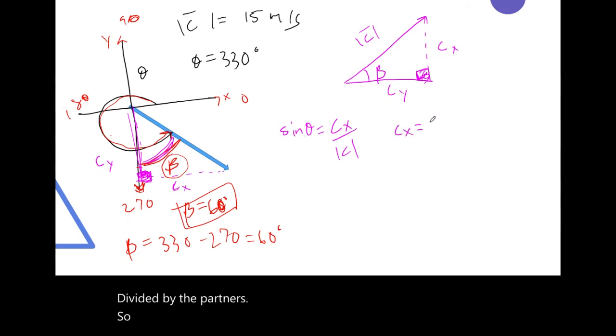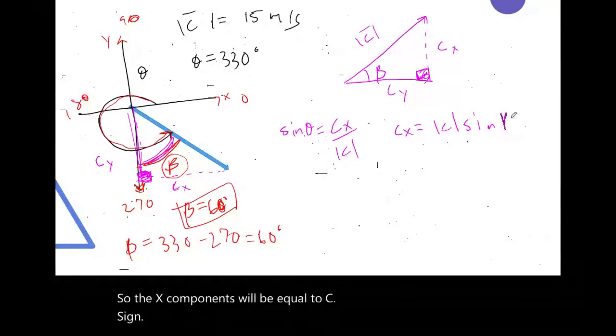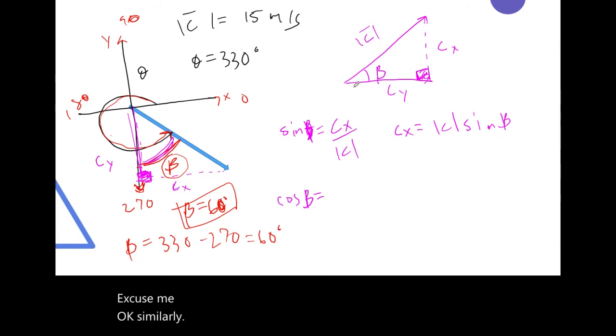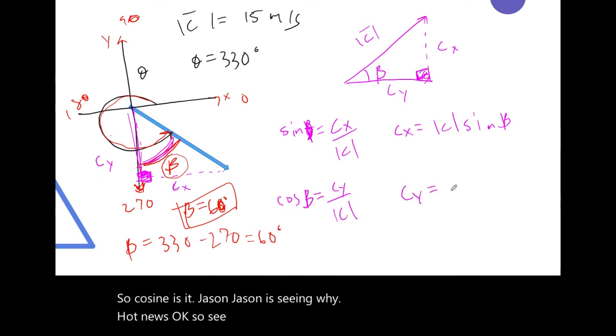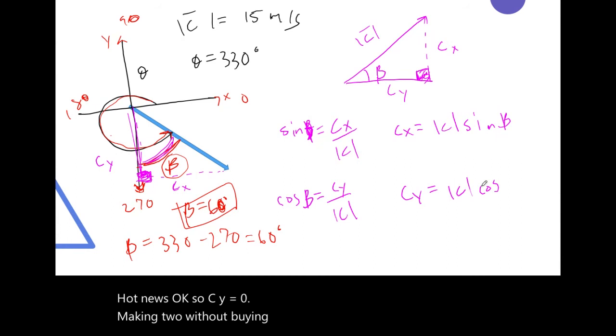So the x component is going to be equal to c sine beta. Similarly, cosine beta: cosine is the adjacent, which is cy, over the hypotenuse. So cy is equal to the magnitude for the hypotenuse times cosine beta.